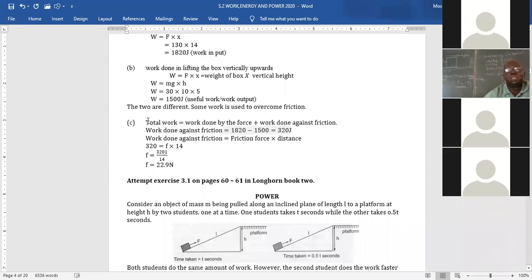Is that okay? Energy conservation equation. Do you remember the energy conservation?